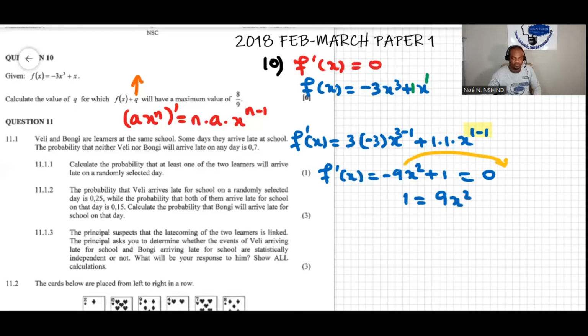To find the value of x, I can divide both sides by 9, so 1 over 9 equals x². Then we square root both sides, which gives plus or minus, careful here, plus or minus 1 over 3 equal to x.